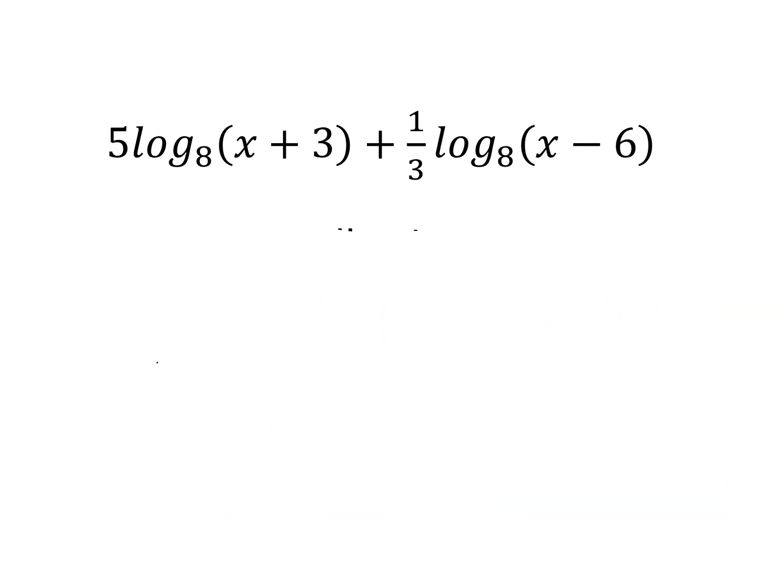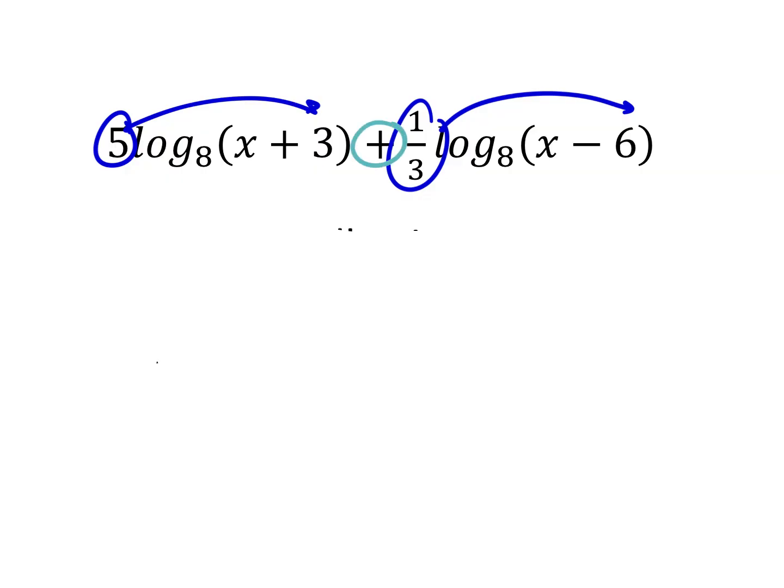So when we condense, we're going to take any coefficients, we move those up top. And since we're adding, we're going to condense it with multiplication. So when we condense it down to a single log, so log base 8 of x plus 3 to the 5th power times x minus 6 to the 1/3 power.